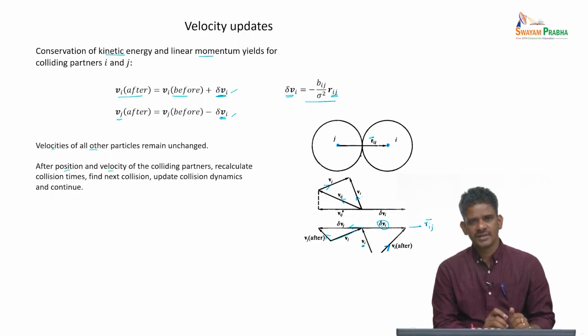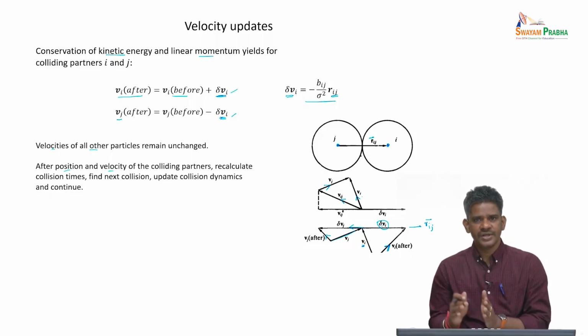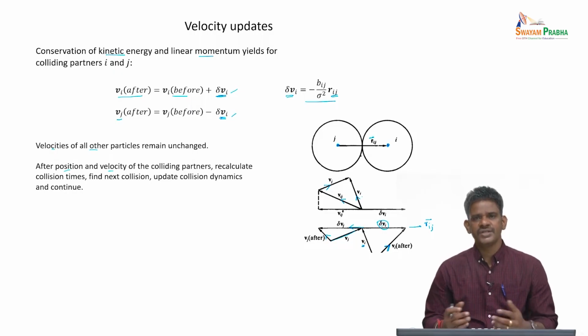Whereas in the hard sphere model, we look at collision events. One after the other we execute collision events, and between those collision times we update positions and velocities, because there is nothing happening between the collisions; particles are moving at constant velocity. So, it is very easy to update particle positions and velocities during those times.